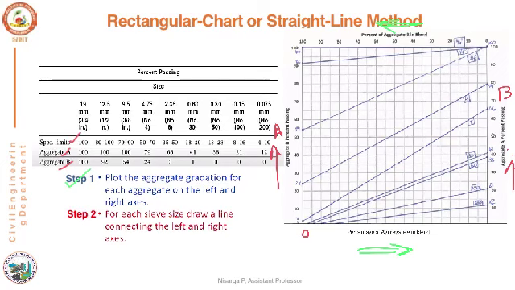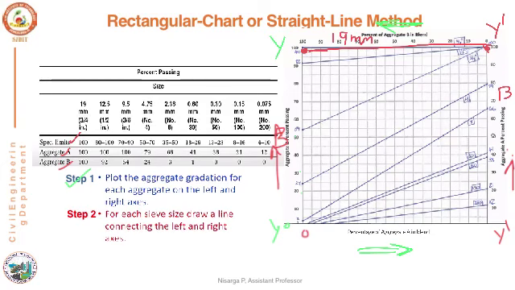How do you plot this? For aggregate A, this is the line which represents the percentage passing for aggregate A. The first value is 100% passing through the 19 mm sieve, and similarly for aggregate B, the percentage passing is 100% at 19 mm. Now we join these two points, the percentage passing for aggregate A and aggregate B. This line will represent the 19 mm passing gradation for aggregates A and B. Next we consider the 12.5 mm sieve.